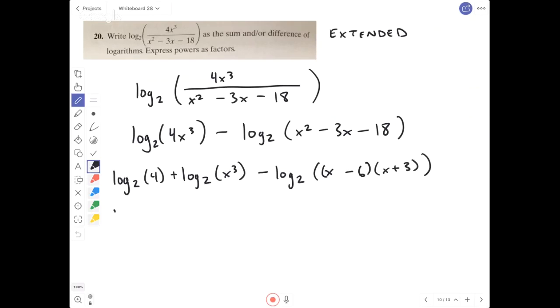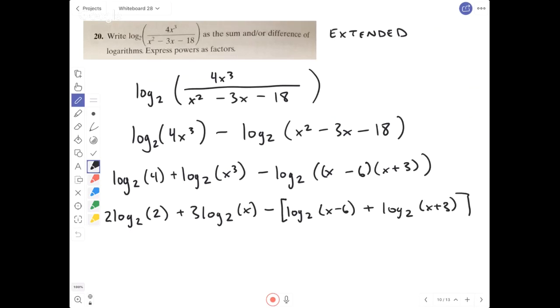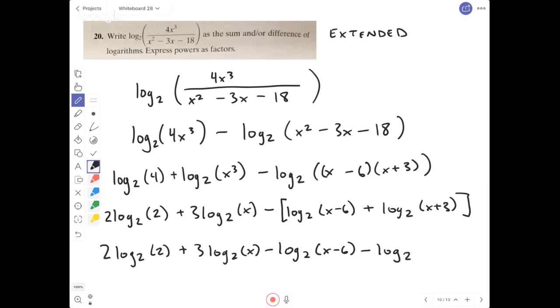Okay, 4 is 2 squared, so this is 2 log base 2 of 2 plus 3 log base 2 of x minus the sum of log base 2 of x minus 6 plus log base 2 of x plus 3, which is 2 log base 2 of 2 plus 3 log base 2 of x minus log base 2 of x minus 6 minus log base 2 of x plus 3. Showing all steps, because when I distribute the negative to here and here, that becomes negative.